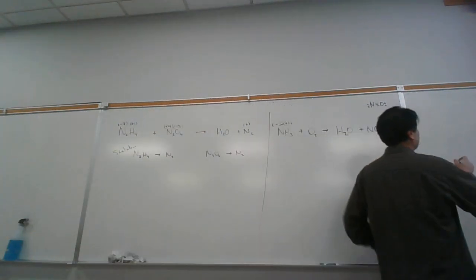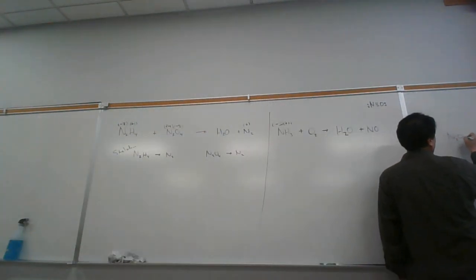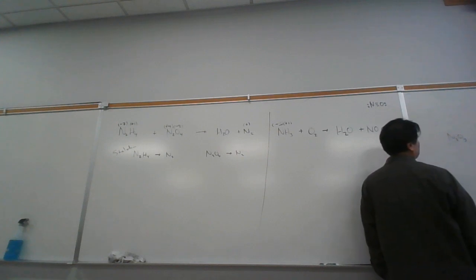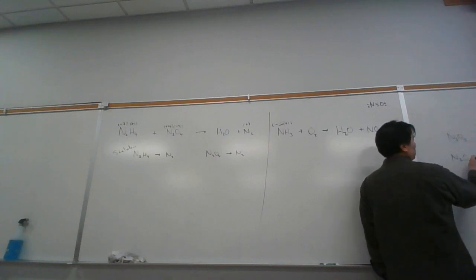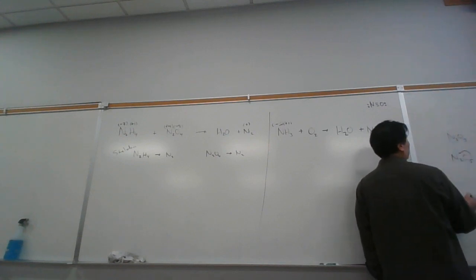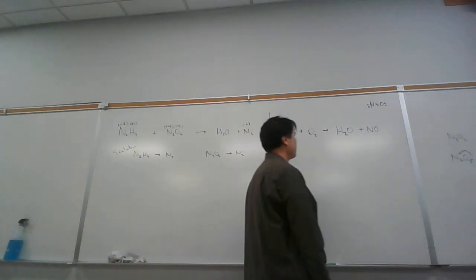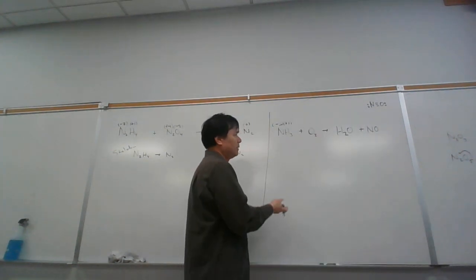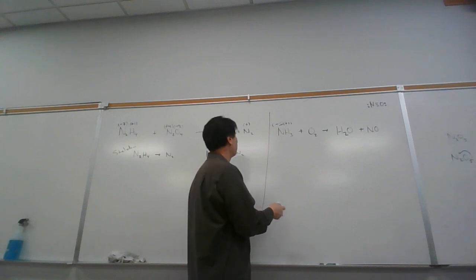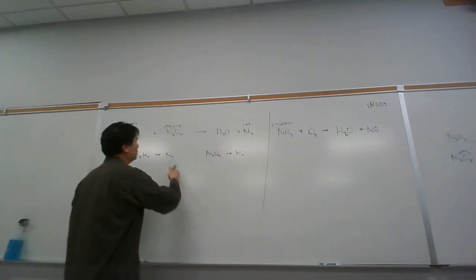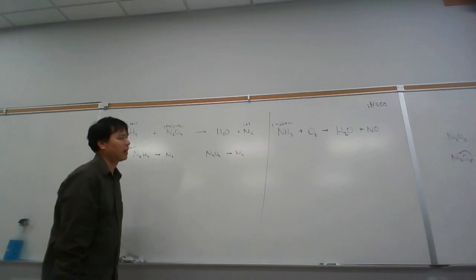N2O3 would have nitrogen plus 3. It would be N2O5. This would make nitrogen plus 5. But maybe the conditions weren't severe enough to do that. Nitrogen plus 5 is quite reactive. It's not so easy to make.